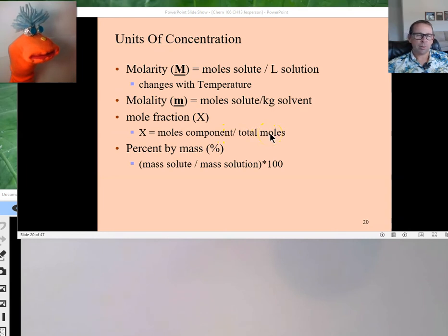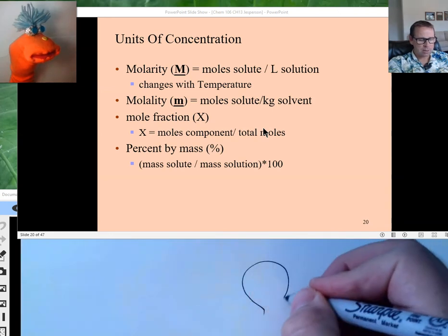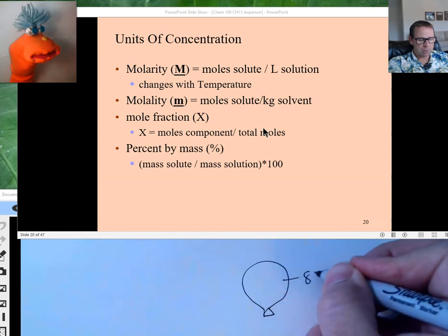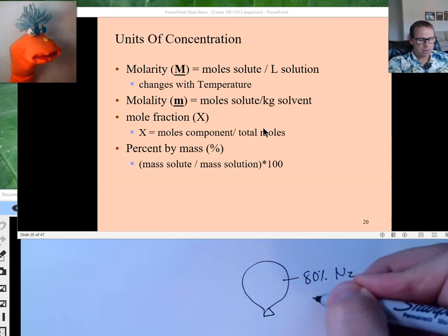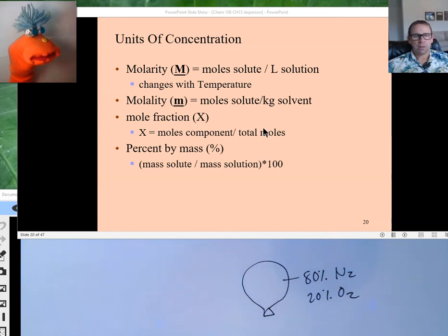All right. So remember when we were doing that gas pressure stuff before, partial pressures of gases, we said that if a solution, now solution doesn't necessarily need to be all in aqueous or liquid form, right? Solution can be a mixture of two gases. And like a balloon, here's a balloon that has air in it, which is 80% nitrogen gas, and we'll say 20% oxygen gas. All right.